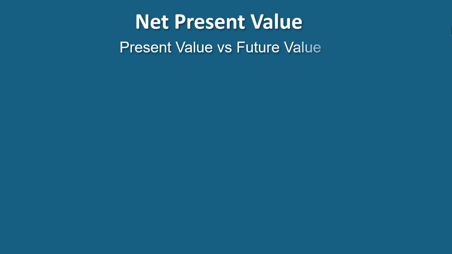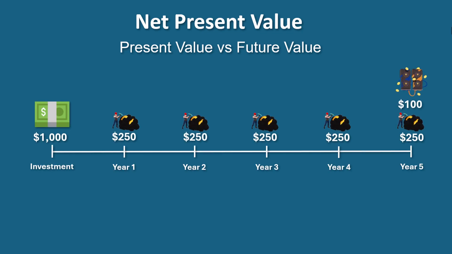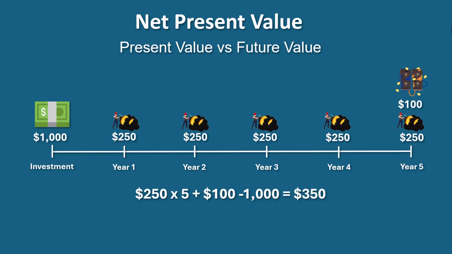Let's fit this to the graphical motions. As you know, we got the simple answer of $350, but that will not be considered by a financial manager. What will be considered is the result after applying the discount factor. The present value of the cash flow for the first year is approximately $227. For the second year, approximately $207.